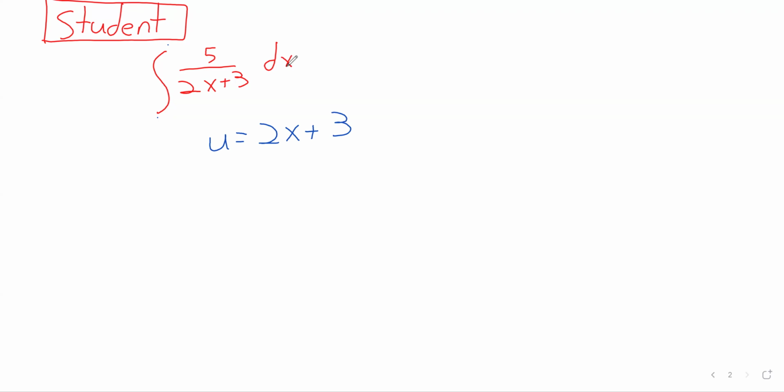If we let u be 2x plus 3, du is 2dx. We have a 5 and we don't have a 2, but both of those problems are fixable. That 5 we can just pull out.